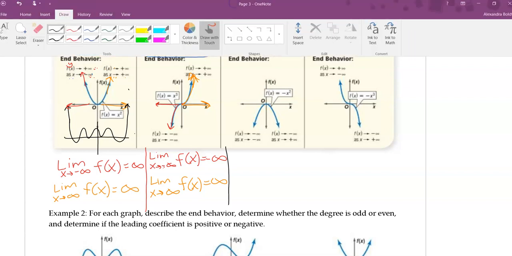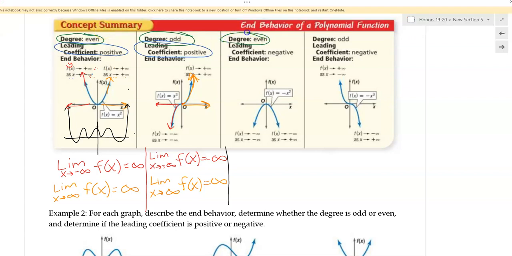Okay, our next one. Now this one's even, but its leading coefficient is negative. Okay? As I go to the left, it's going down. Right, so the limit as x approaches negative infinity of f of x equals negative infinity.